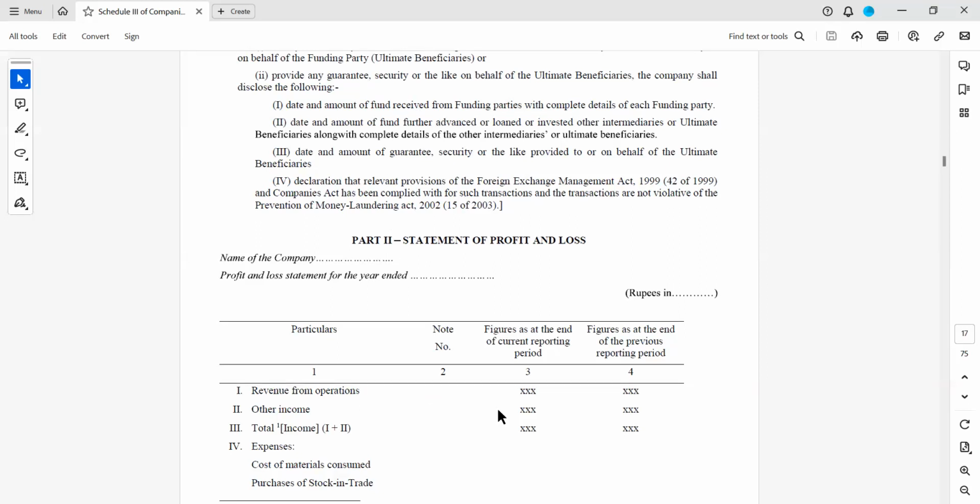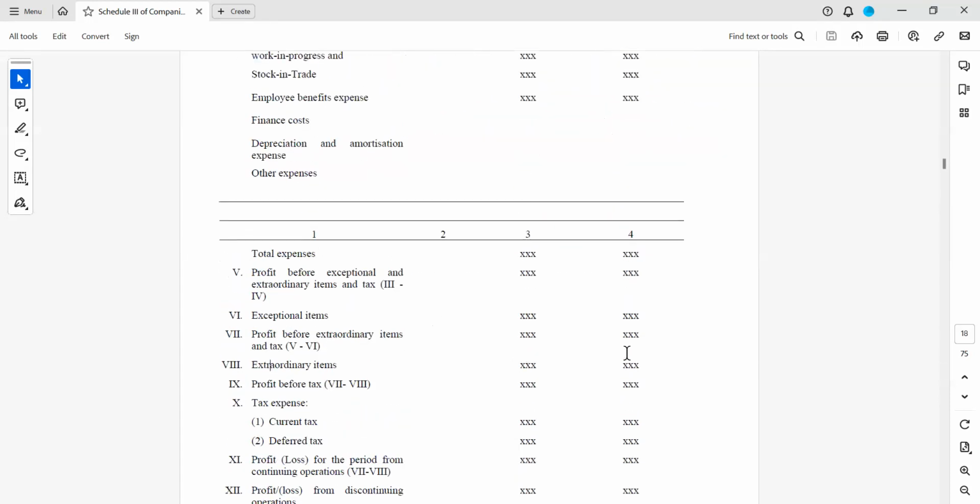Okay, now we have completed the balance sheet part. Now we are starting with the statement of profit and loss. If you see the heading here: name of the company, profit and loss statement for the year ended, and rupees in hundreds, thousands, whatever it is, we have to mention. Then the same thing we are taking for 2 years.